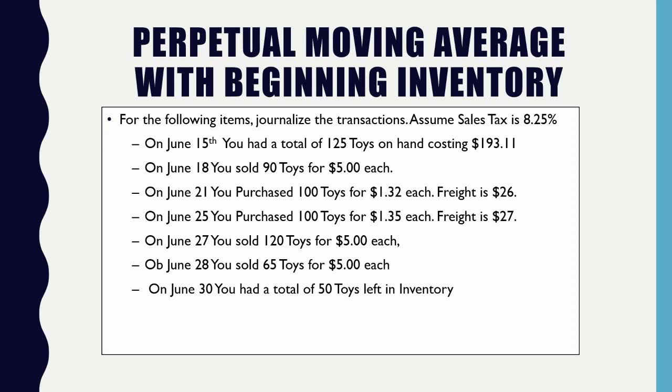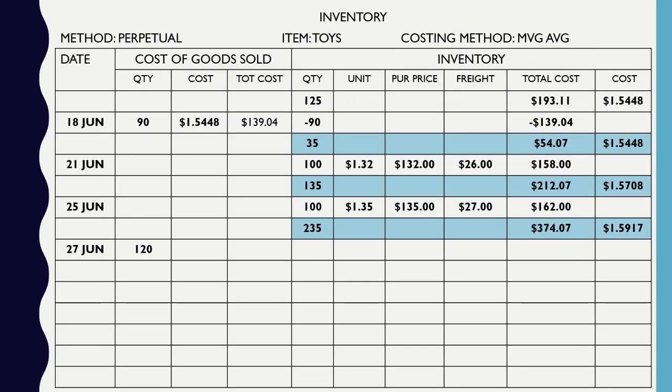So then once June 27 rolls around, we end up selling 120 toys. So 120 toys at $1.5917 is going to give me a total cost of $101.01. We subtract that out to get us a grand total of 115 at $183.06, which now when I recalculate my average cost per item, it changed by 1/1000 of a penny.